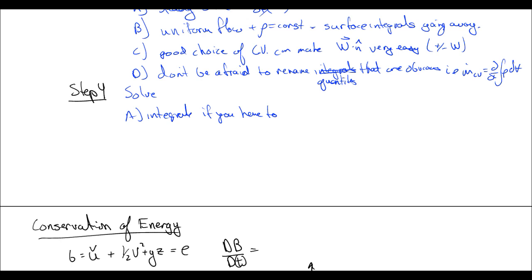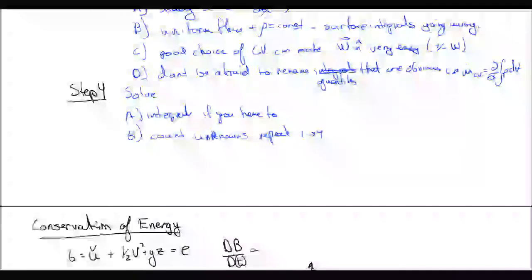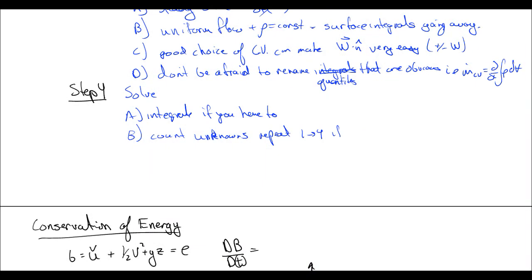Count unknowns and repeat 1 through 4 if you have to. And remember, don't forget Bernoulli's. Bernoulli's is a tool you can use as well in these problems to help add constraints. You have to assume inviscid flow then, but that's okay. A lot of times we will tell you if that's an appropriate assumption.